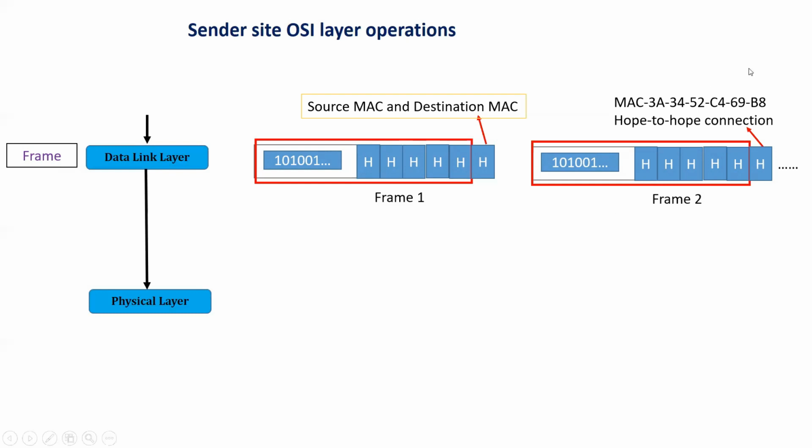Here is a MAC address example. This is hexadecimal format, and the header of this data link layer includes the sender's MAC address as the source and the next device's MAC address as the destination MAC.